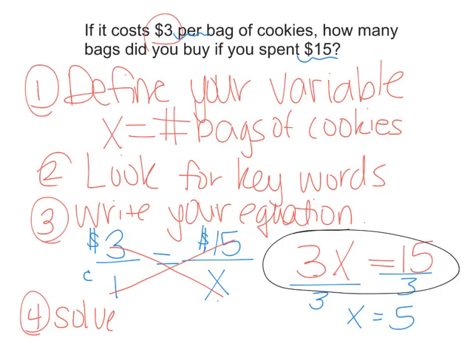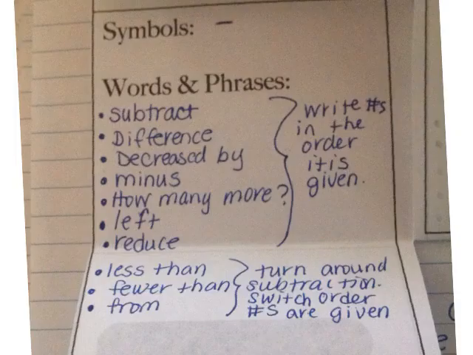All right, let's do our subtraction. So symbols for subtraction are obviously our minus sign. Here are our words: subtract, difference, decreased by, minus, how many more, left, reduce. All of these, you write in the order that it gives it to you in.